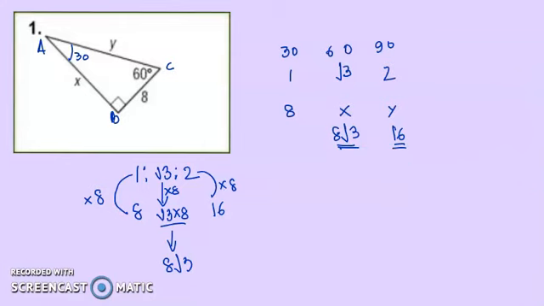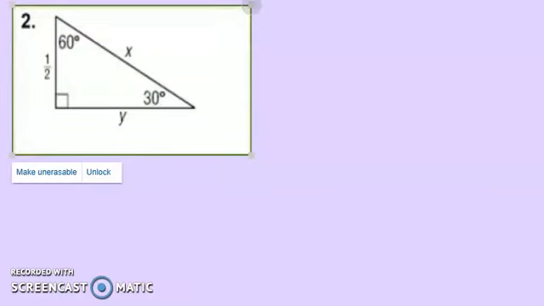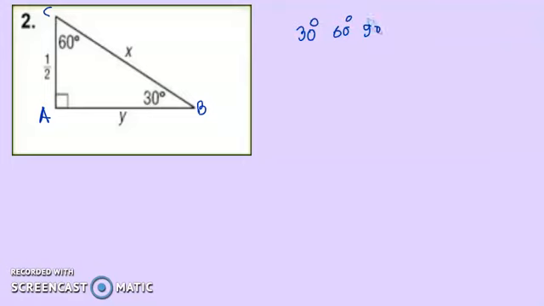Let us take a look at another example now. This is again a 30, 60, 90 triangle, and let me name them A, B and C. Actually these are degrees, so 30 degrees, 60 degrees, 90 degrees. The side facing 30 degrees is 1 by 2, the side facing 60 degrees is y and the side facing 90 degrees is x.